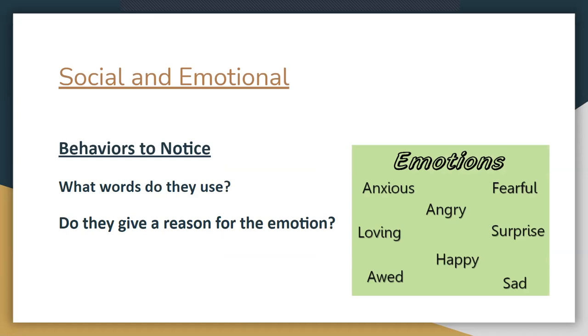Can they tell you they're angry or they're happy or they're sad? And do they give a reason for the emotion? And so when they are upset about something, they can tell you that they're upset, as well as tell you what happened to make them upset. And being able to express themselves in that way is very, very important to interact with other children.